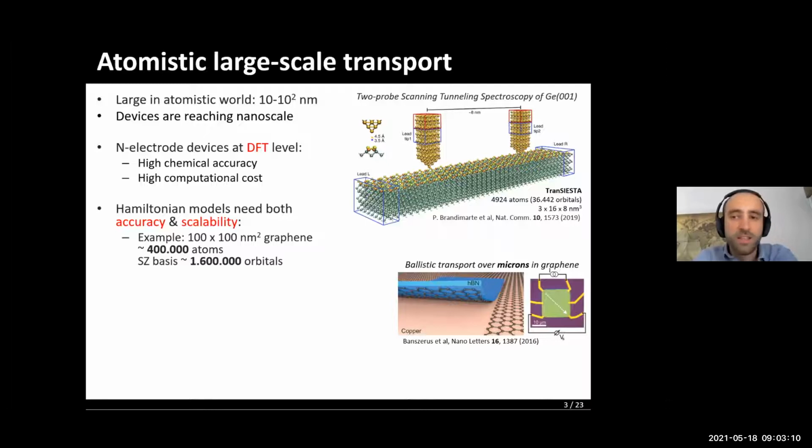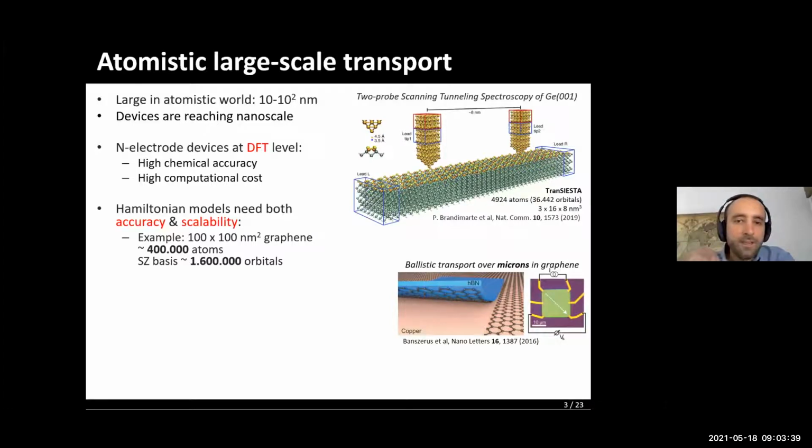So they are reaching the nanoscale, and therefore being able to simulate with atomic detail, not only current-voltage characteristics, but also real-space quantities like currents flowing across the atoms which make up the channel of a device, for example, is becoming more and more important in order to be able to make one-to-one comparisons with the experimental measurements.